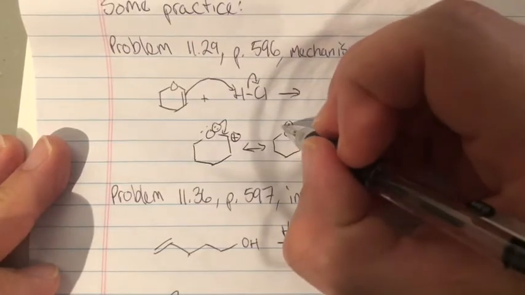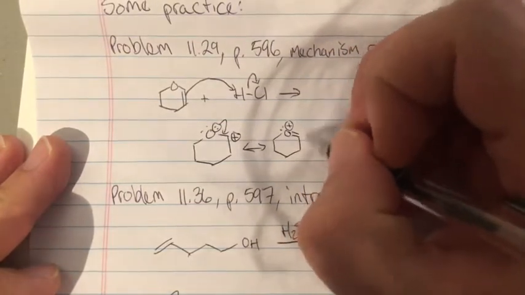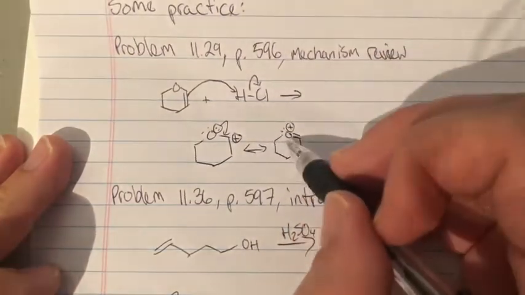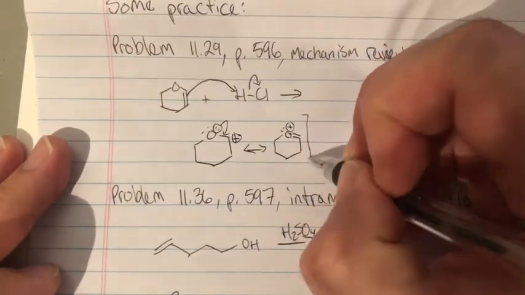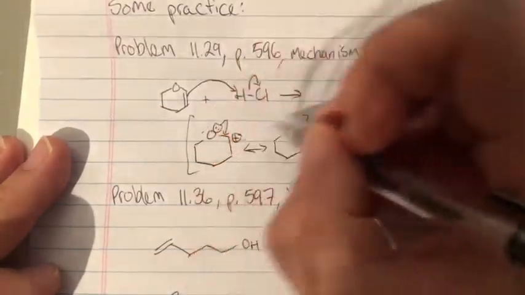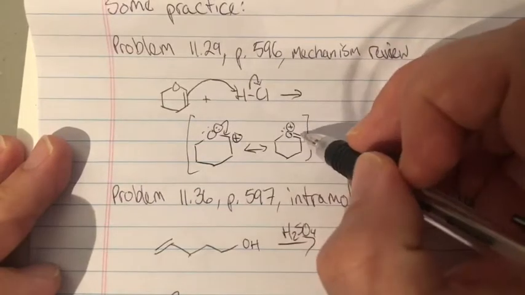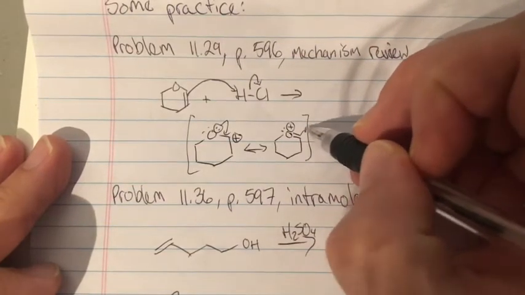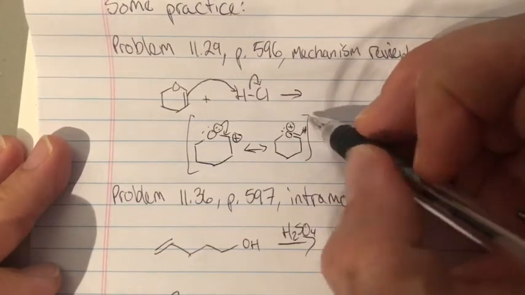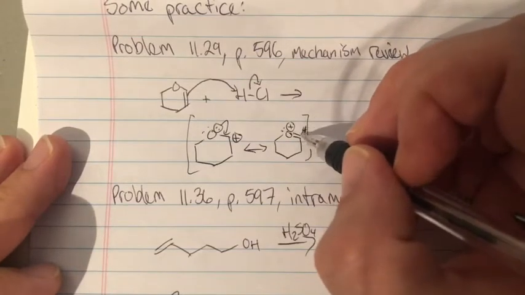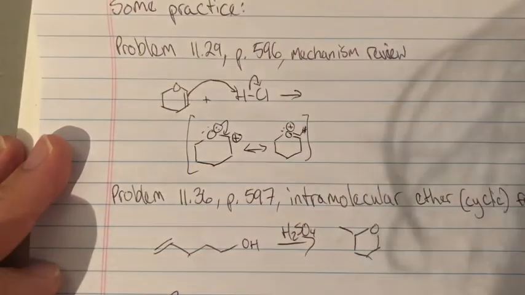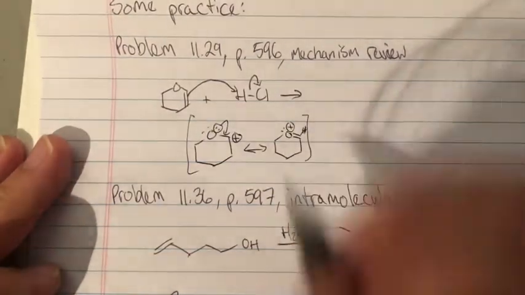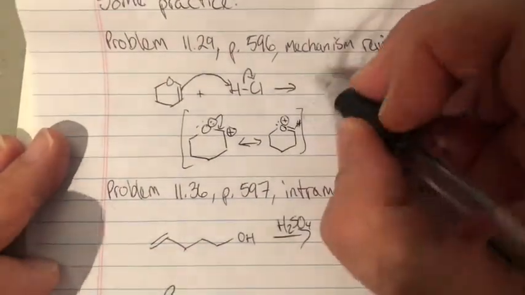Okay, so in other words, this is going to be the major resonance contributor because you have a full octet here. Remember, there's that extra hydrogen sticking out. Okay, and so you have a full octet about that oxygen, so everything's good.